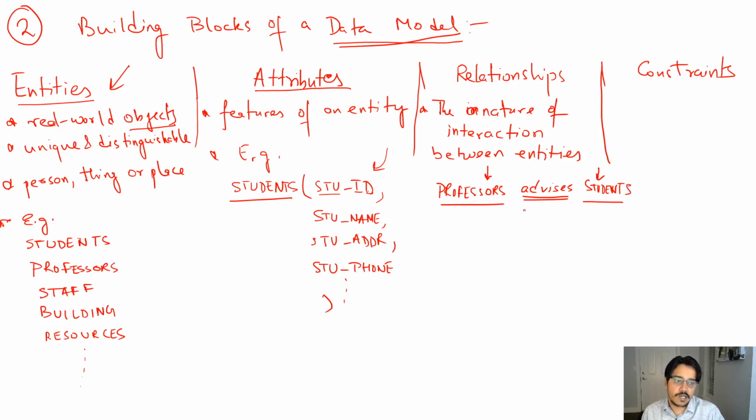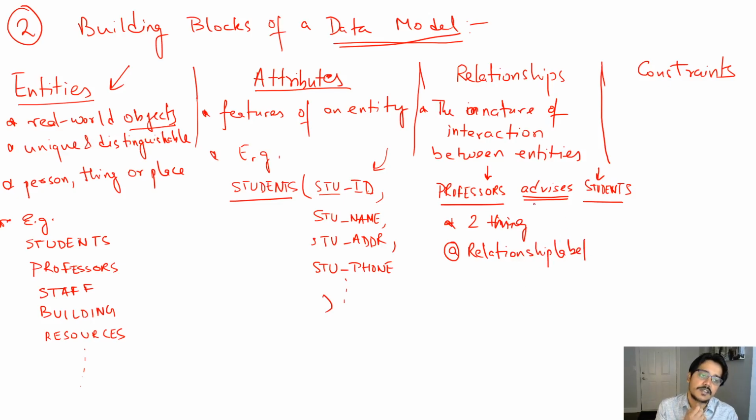So this is what a relationship is basically trying to establish: the nature of the interaction between these two entities. So when you specify a relationship, you have to give two things. Okay, so the first one is the relationship label.